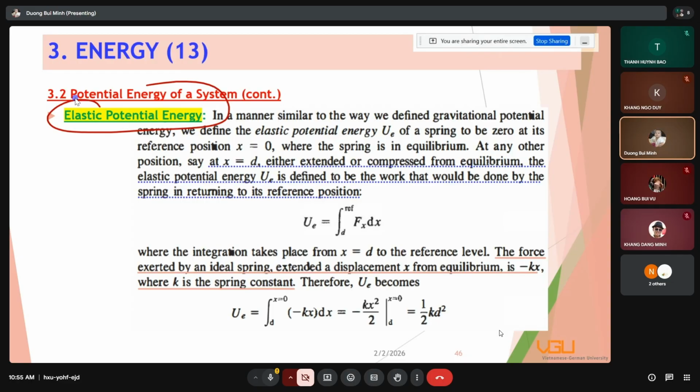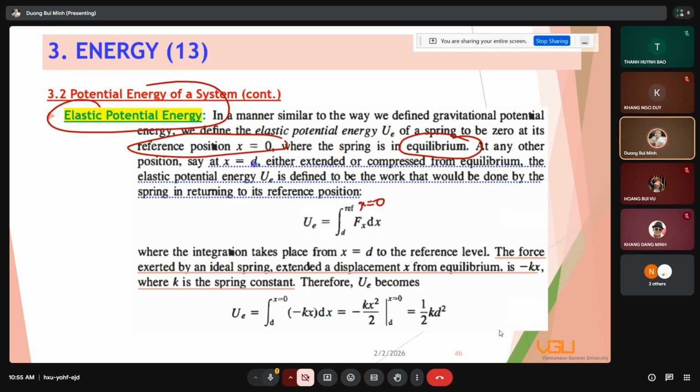Look at the equilibrium: we take the reference position x as 0.